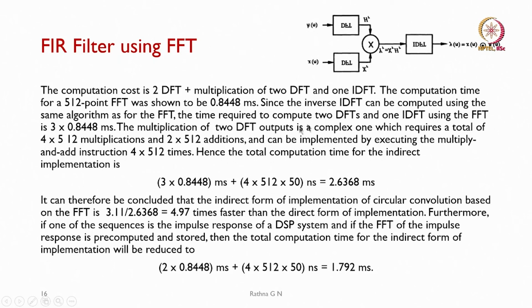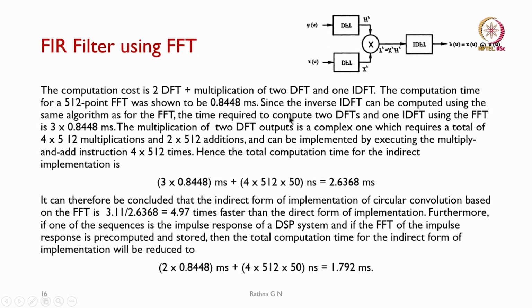Previously we calculated that each FFT needs 0.8448 millisecond, and how many times do I have to do it here? 1, 2 and then 3 of them, because even the IDFT is equivalent to a DFT. So, we can compute it as 3 into 0.8448 millisecond plus we have to do this complex multiplication here.